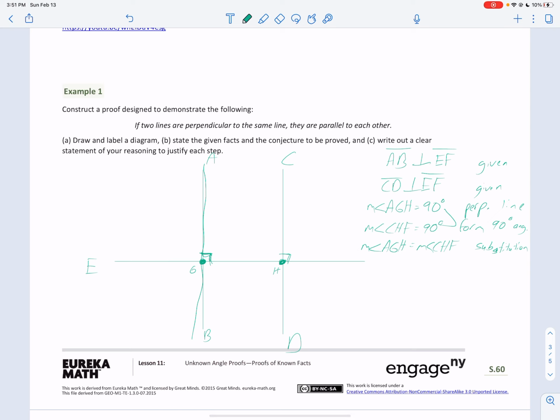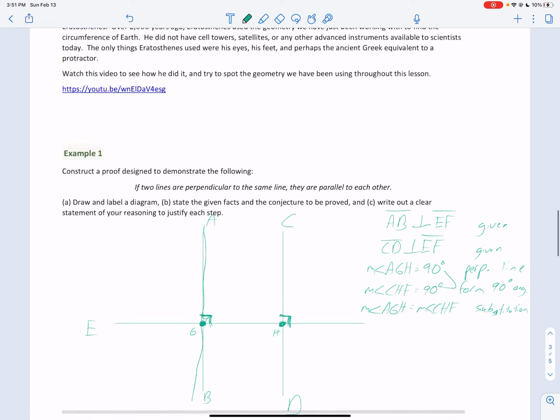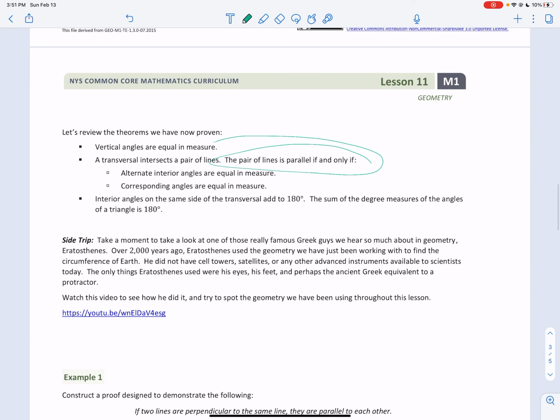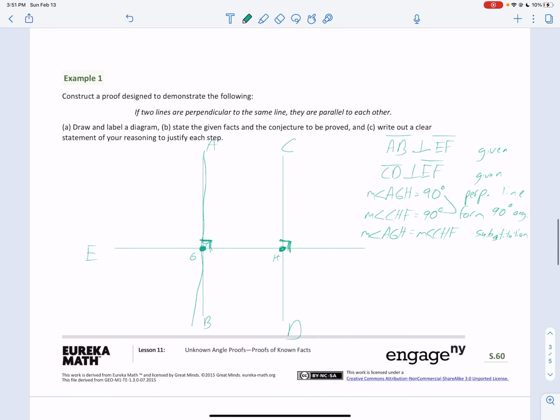And we have shown that these two angles, these corresponding angles, are equal in measure, which means that they must be parallel because of the statement that we knew before. It says that we can use those. So if corresponding angles are equal in measure, the two lines are parallel.